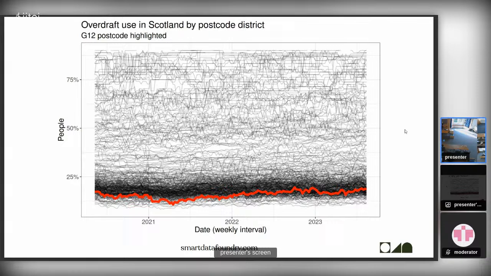So things like overdraft fell away quite sharply in everything but the lowest income groups, where it tended to sit quite static. Hopefully for fairly obvious reasons: if you're already on the breadline, then your expenditure doesn't really drop. So I think that's what we're seeing between 2021 and 2022: there were lockdowns during that period, so expenditure dropped, and that reduced people's use of overdraft.